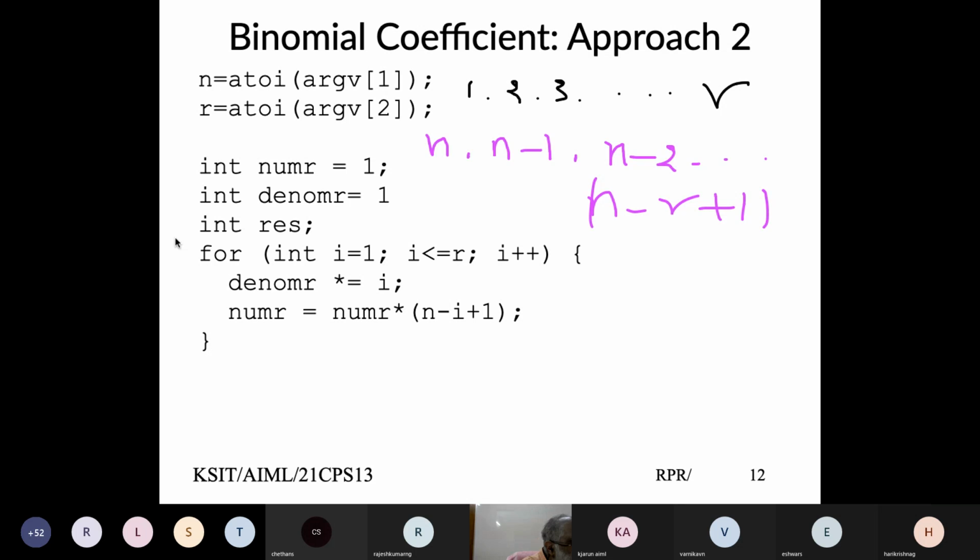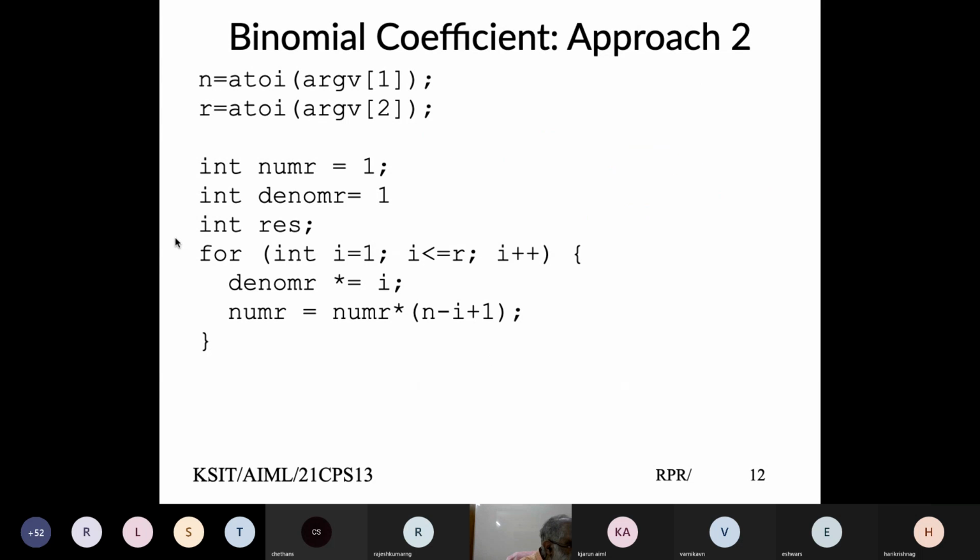So that means whatever the value of I is, I should multiply with n minus I plus 1. That is what I should actually be multiplying, which basically gives me n minus I plus 1. And that's precisely what we are doing in the program.